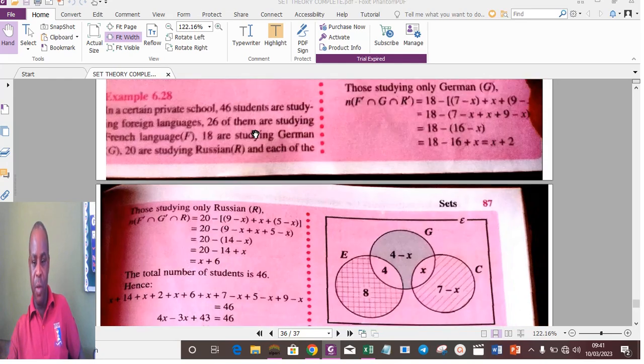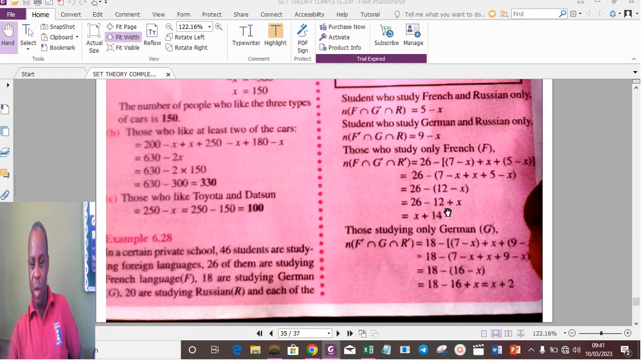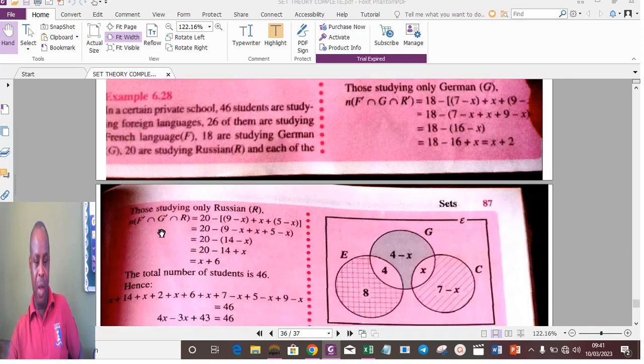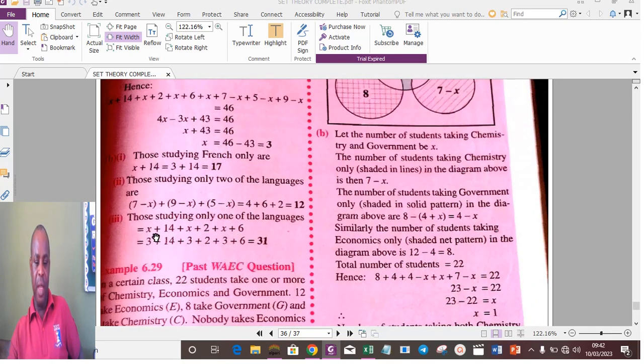We got it from here. Those studying French only, s plus 14. Those studying German only, s plus 2. We are adding them together. Those studying Russian only, s plus 6. Since we have gotten our s to be 3, whatever you see s, just put 3. You are going to get 31.